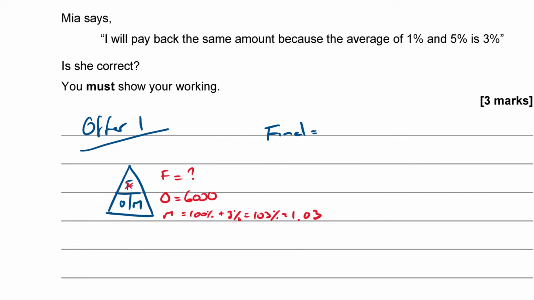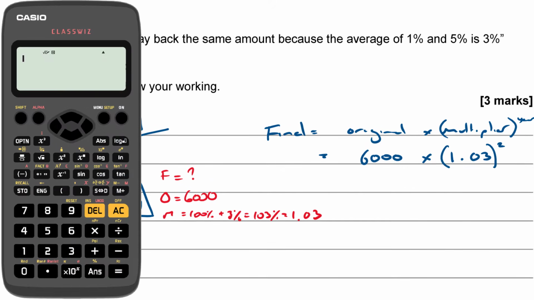So my final is going to be the original times the multiplier, but because it's compound interest, I'm going to raise that multiplier to the number of years that I'm applying it to. So it's going to be 6,000 times 1.03 squared. What's that then? 6,000 times 1.03 squared comes out to be £6,365.40.